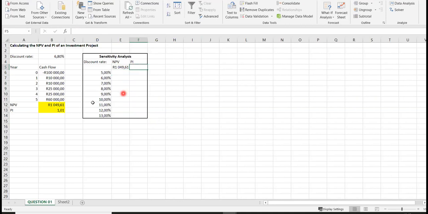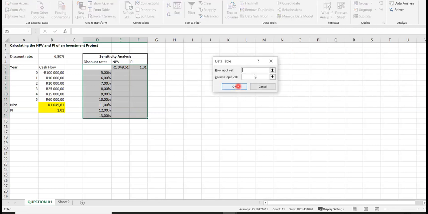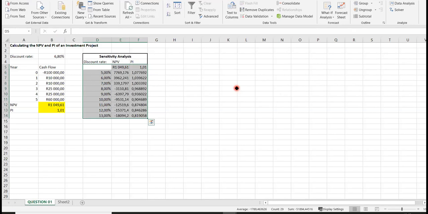Enter for this one. Enter. So we start from here. What-if analysis? All right, yes, there you go.